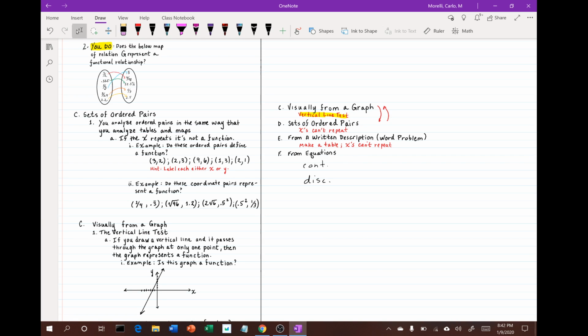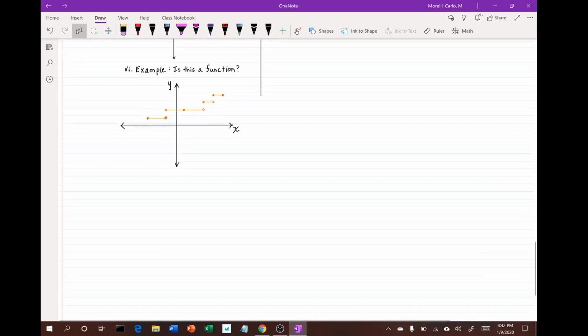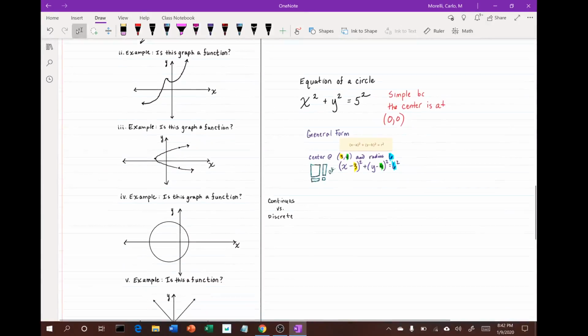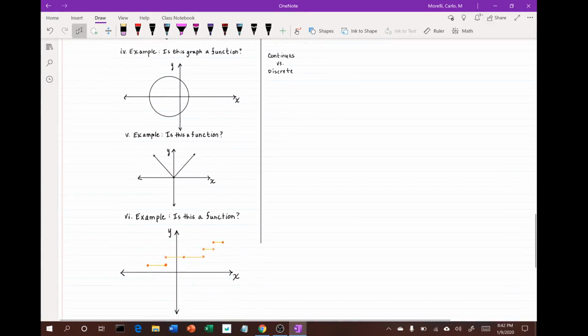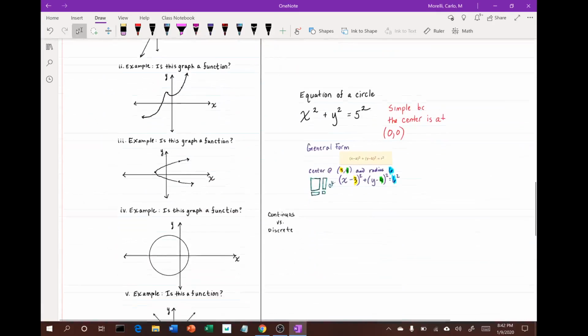I feel like we could, so we would say, we'd do sets of ordered pairs, visually from a graph. So sets of ordered pairs are easy. Visually from a graph, that's easy. Those are quick. And then we need to do from equations.